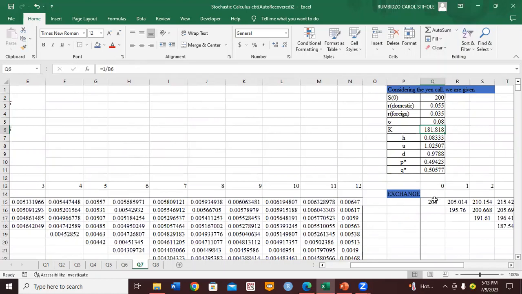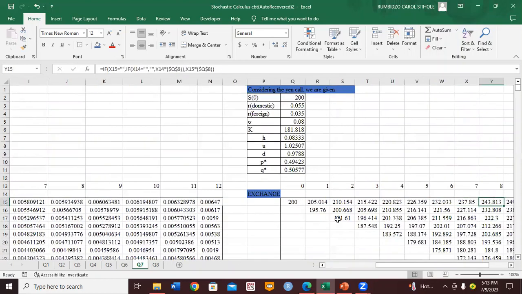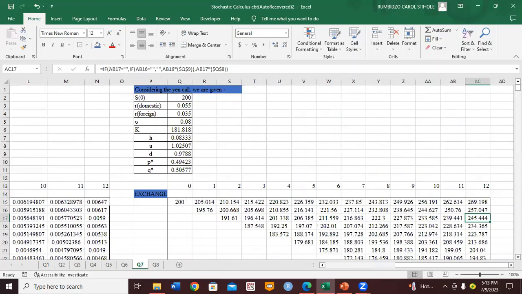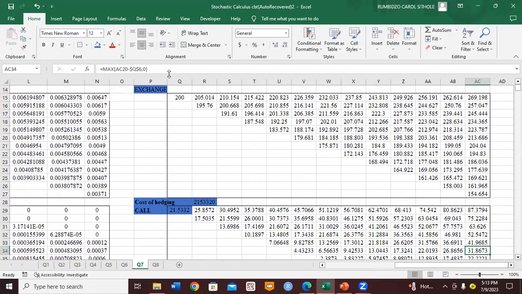And then everything else we will do the same, just like I explained before here. So you take your spot price, you use the fill effect, you push it to the end, and we use the 12 periods again. And then the cost of hedging is still going to be the same. You multiply it by 100,000 and you will get this figure.